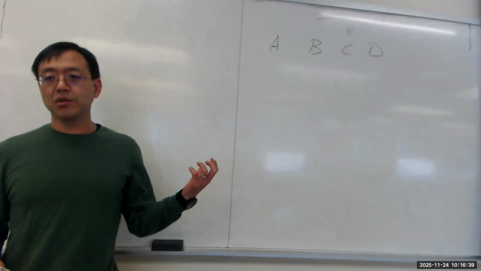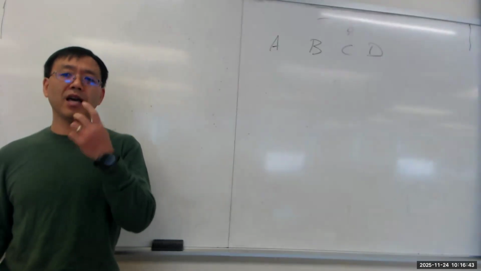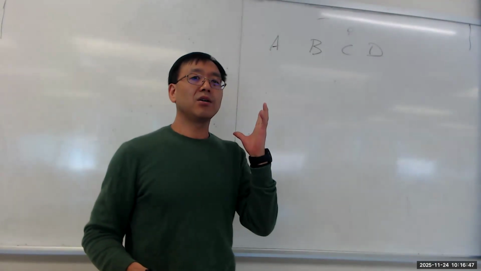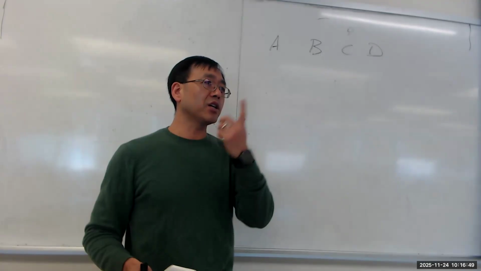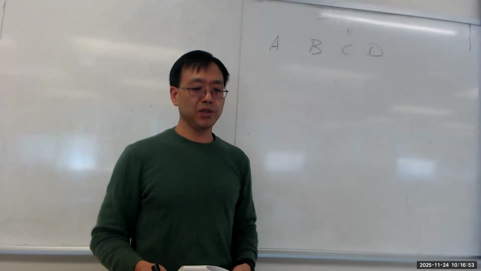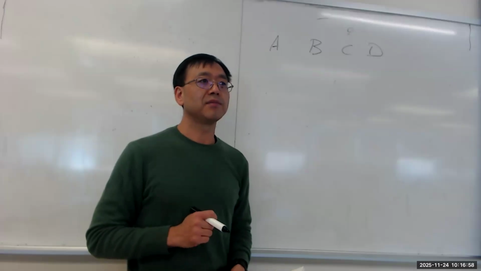How many guesses do you think you need? I have one letter, one of these four, in mind. If you want to guess, you can only ask yes or no questions. How many guesses do you think you need to guess the letter in my mind right now?